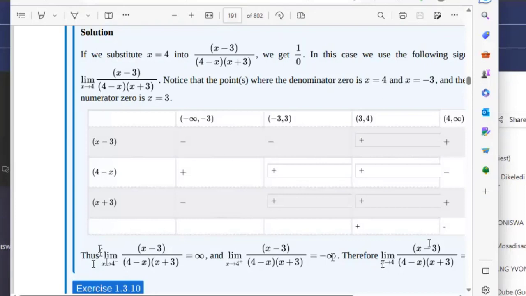Okay. Can I have a shot at it, sir? Yes, please go ahead. So you're asking about when we are approaching 4 coming from the left-hand side, correct? Yes, sir. Okay. So if we take any number that is less than 4, let's say, for example, we take 3, we'll get a certain number.